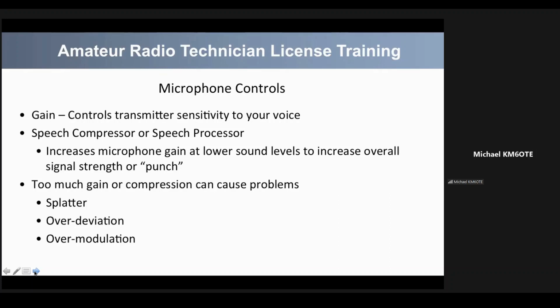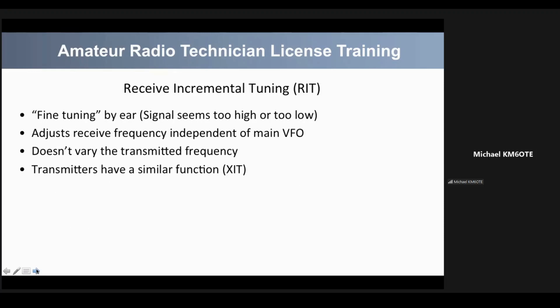If you have the gain turned up too much or too much compression, you might have splatter, which will just sound like the words are not clear on the radio. Over deviation or over modulation are also bits of distortion if the gain is too high or the compression isn't set right.